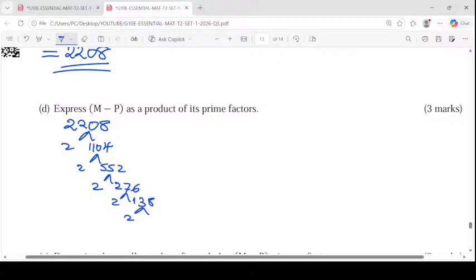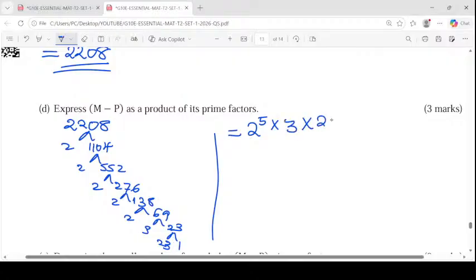Again by 2, 69. By 3, 23. By 23, 1. So the answer becomes 2 power, 1, 2, 3, 4, 5, 2 power 5 multiplied by 3 multiplied by 23. So 2 power 5 times 3 times 23 to get 2208.